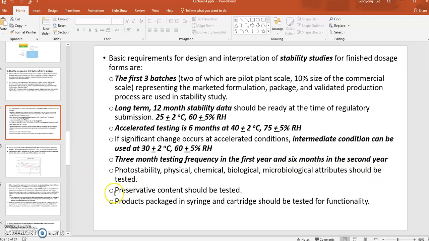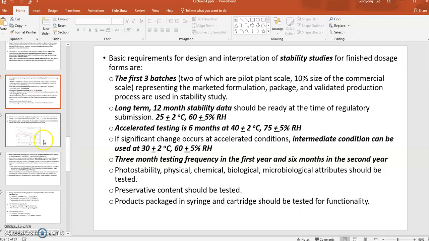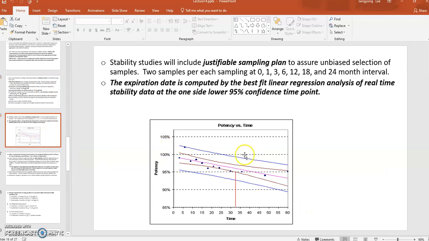Okay, and preservatives, if they are added in your formulation, should also be tested. We talked about preservative testing before, right? The PET test. And then product packaged in syringes and cartridges should be tested for functionality. I mean, during maybe 6 months or 1 year, your syringe and cartridge should remain intact as well. Okay, and they should still perform their designed function.